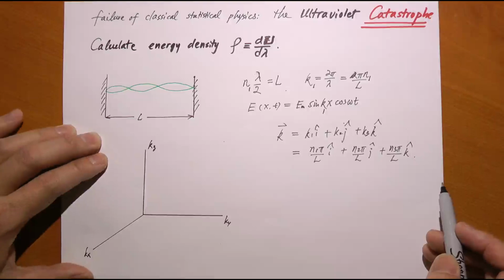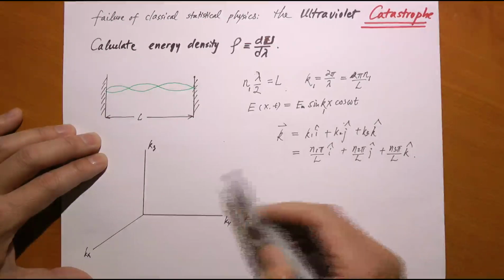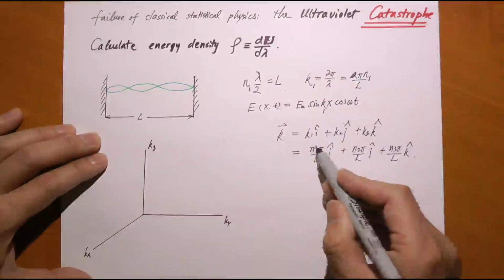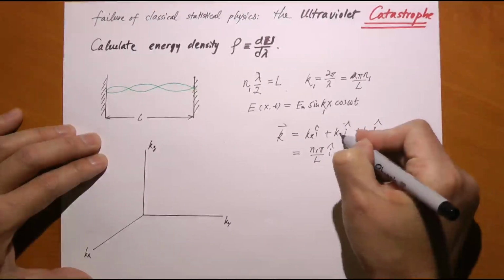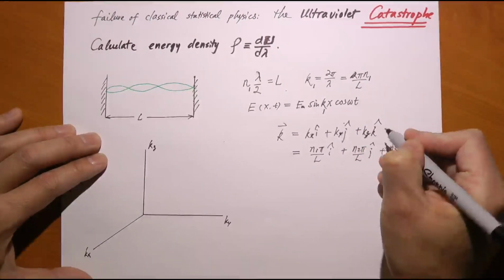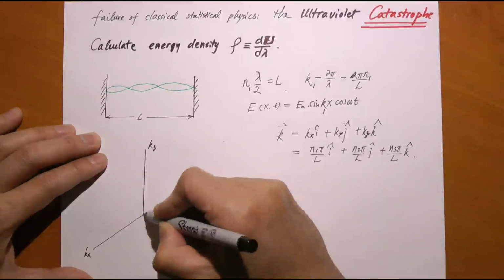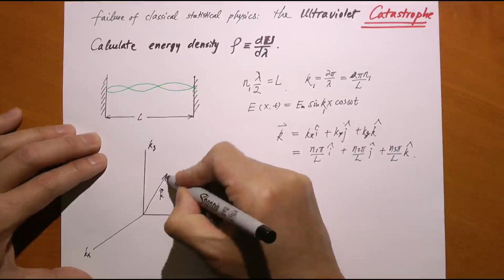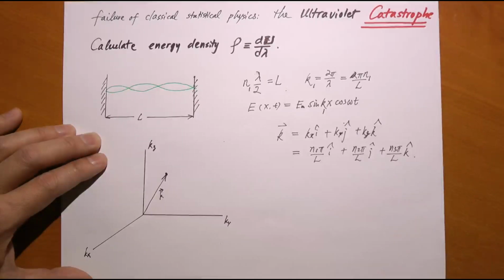And if I were to plot the k vector in a so-called k space, I have x component, y component, z component. I call it k1, k2, k3. Let's change it to kx, ky, and kz, the same thing. You will find that if you do a drawing of the k vector, the end point of the k vector, which is given by this coordinate, this coordinate, this coordinate, cannot be just anything.